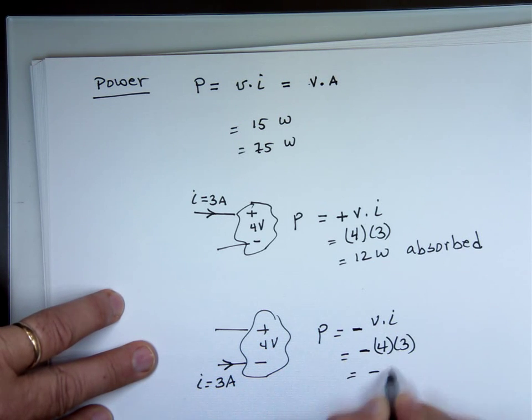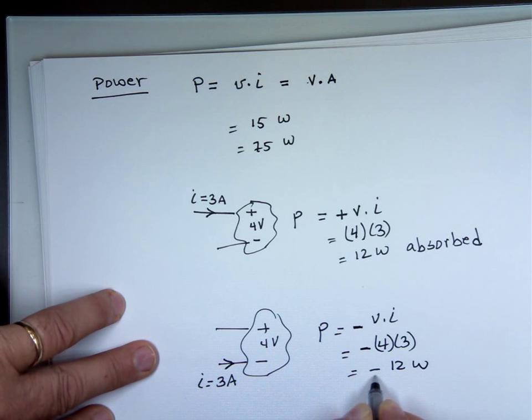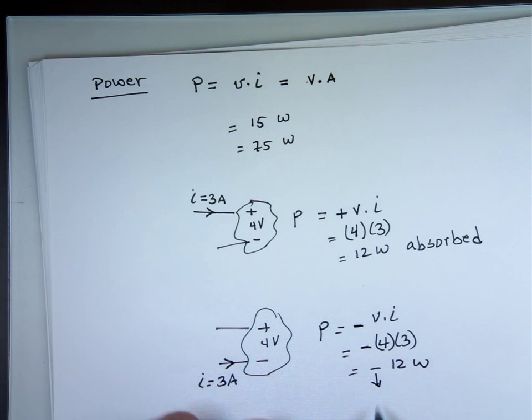The negative indicates the power is being supplied. So positive power means absorbed, negative power supplied. The resistor normally takes the power, absorbs the power. The source most of the time supplies the power.